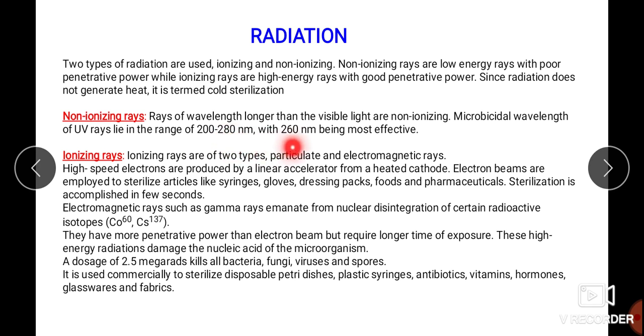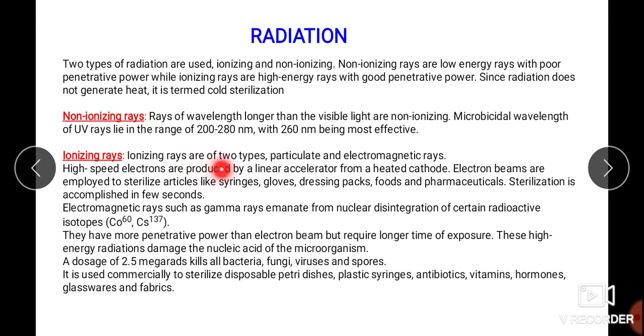But at 260 nanometers it is most effective, because at this wavelength the DNA of an organism absorbs more of the rays. Because of this absorption, the DNA gets denatured and mutated, and the organism gets killed. So this is the best wavelength for killing organisms.